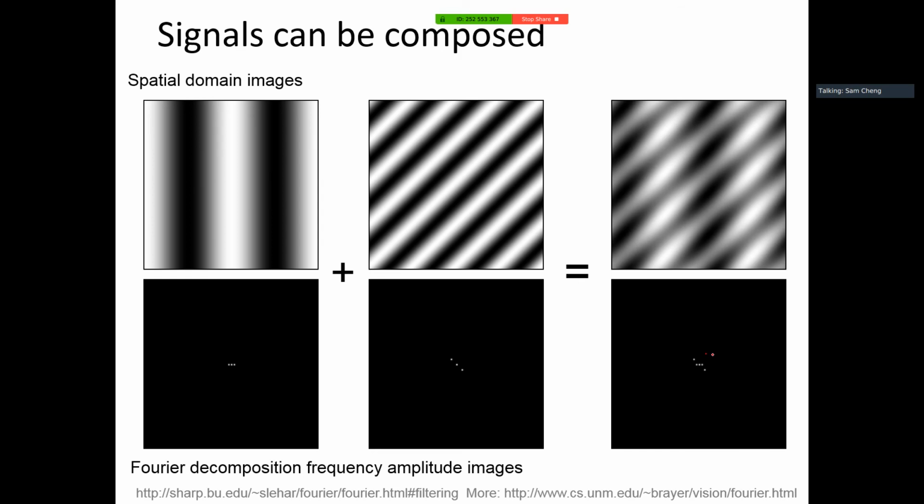So I have both some diagonal frequencies and some horizontal frequencies here, and I added them together. So any other questions, comments?